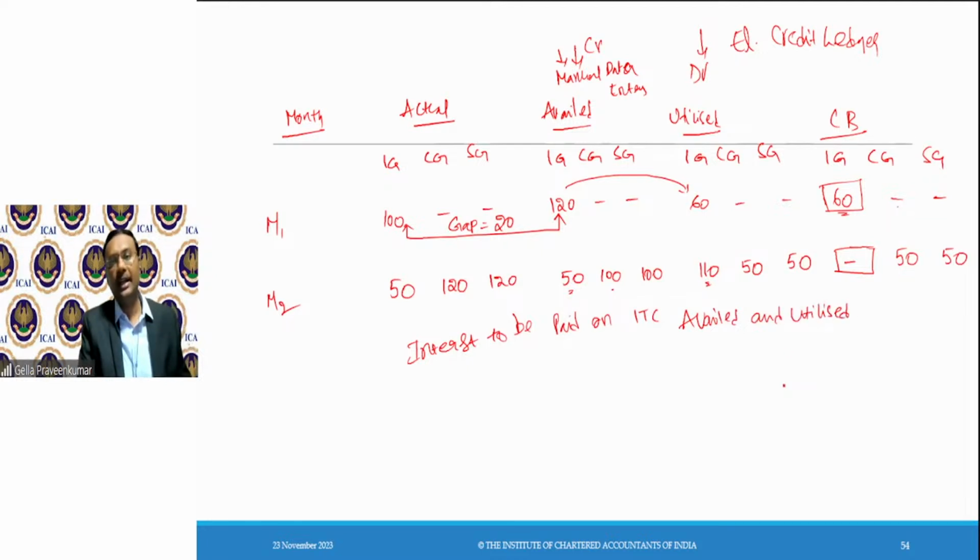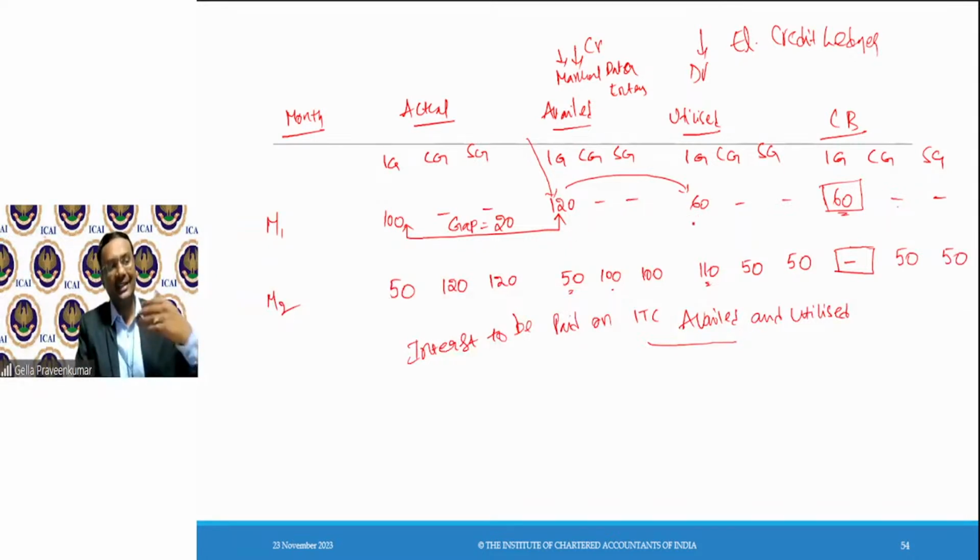This is what my GST provision says. ITC availed: now look at month 1. In month 1, my input tax availment is 120. How much is utilized? 60 rupees was utilized.